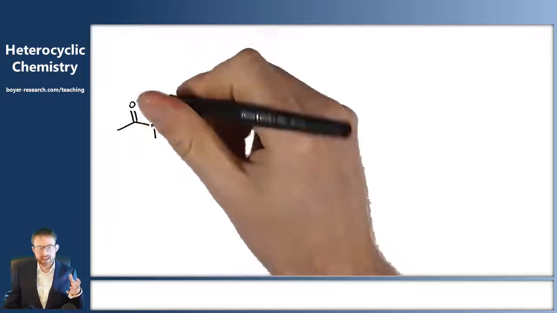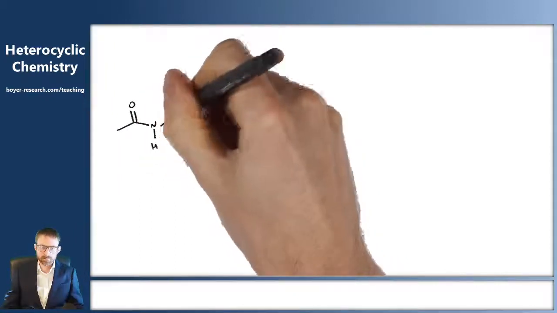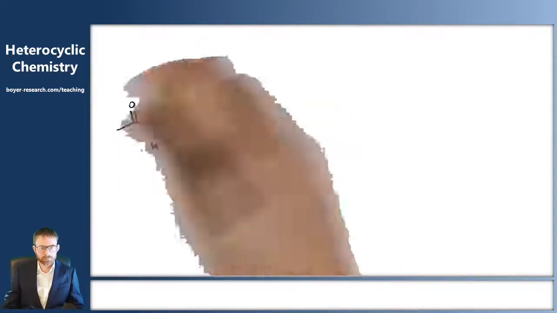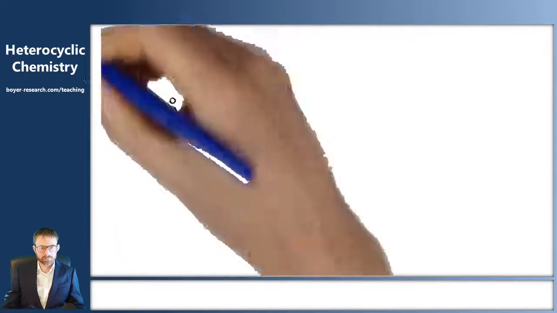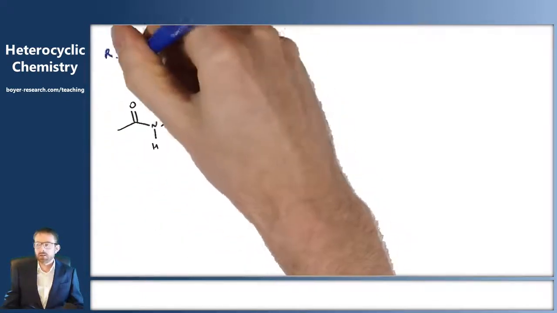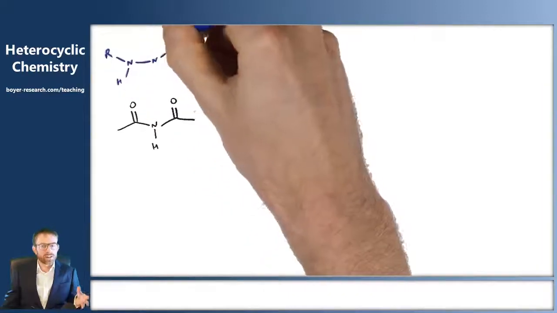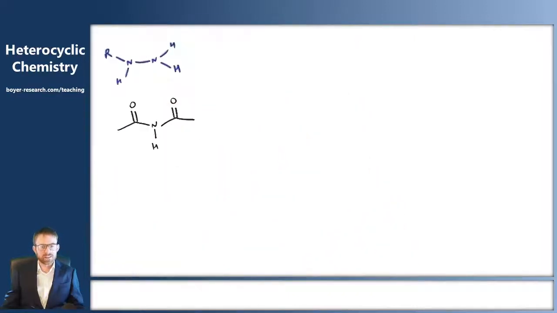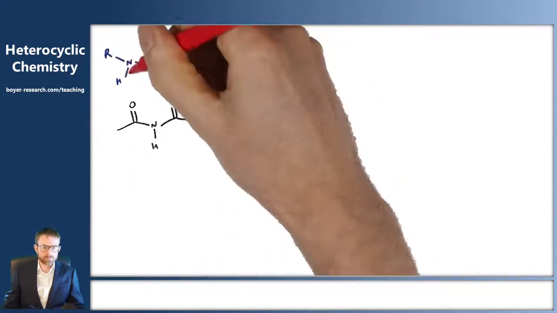We have our diamide, and we have our hydrazine. Our nucleophilic nitrogen is going to attack one of the carbonyls of our amide.